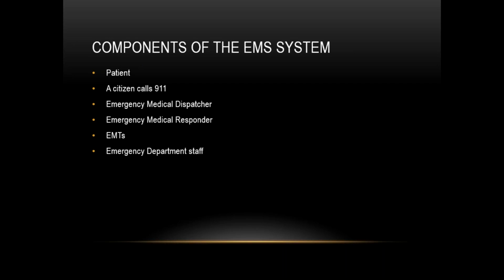From there, we're going to activate the transport system and actually bring that individual to the emergency department, where they're going to be cared and treated for by physicians and nurses, and then they might be bumped up to a higher level of care within that hospital, whether it's in the intensive care unit, cardiology unit, what have you.